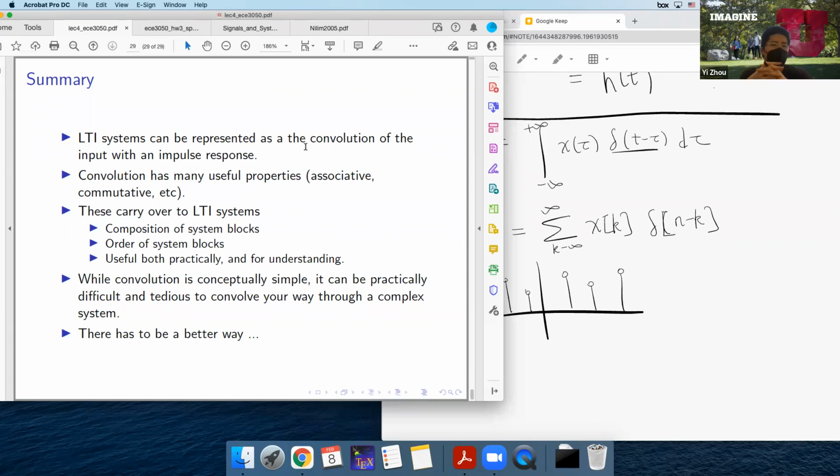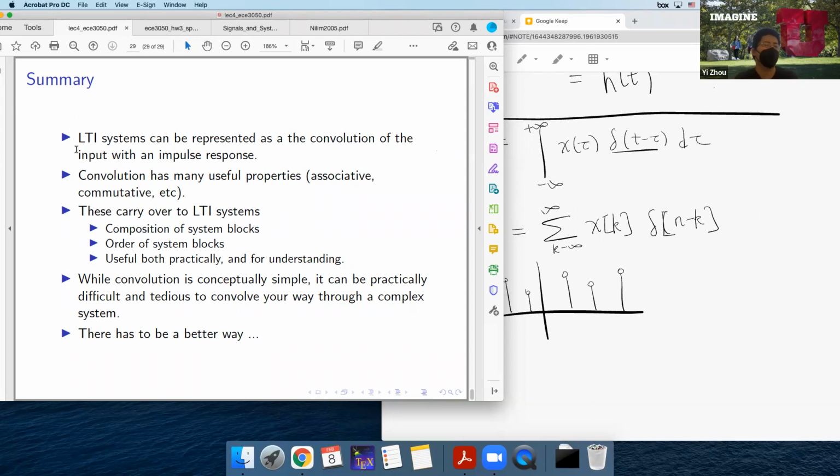And this ends this lecture 4, where we talk about LTI systems and the convolution. From this lecture, we realized that for this fundamental LTI system, first of all, it has many applications that we discussed in circuit systems, especially that can be represented by differential equations. These LTI systems can be represented as the convolution of the input with an impulse response.